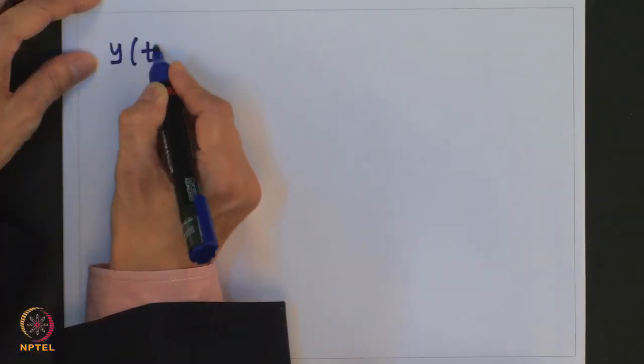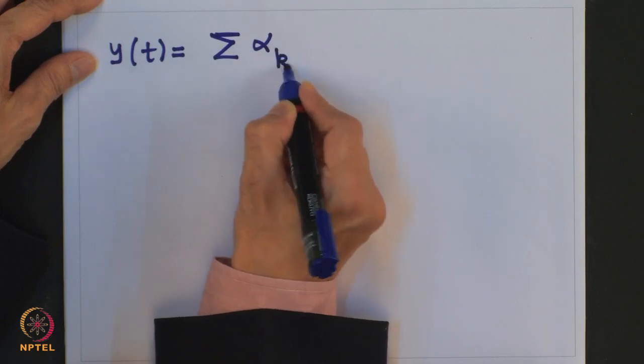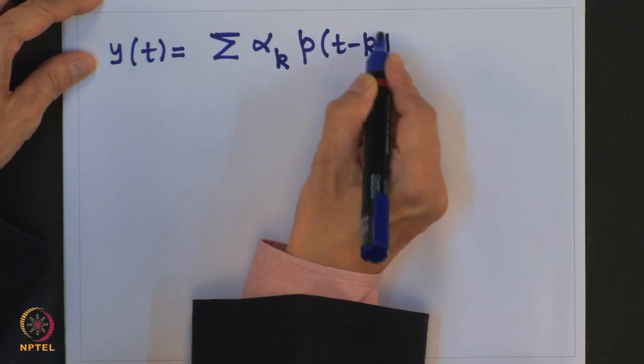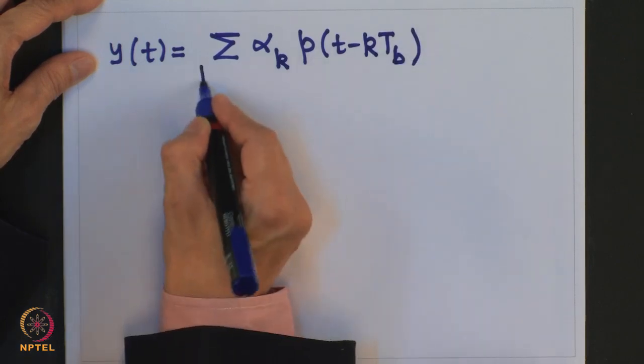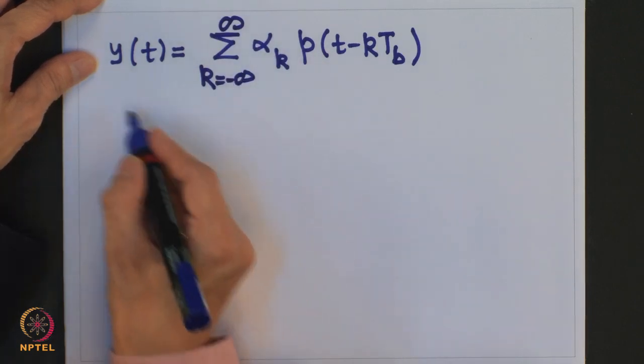We know y(t) is equal to the summation of alpha k p(t minus k Tb), k equal to minus infinity to plus infinity.